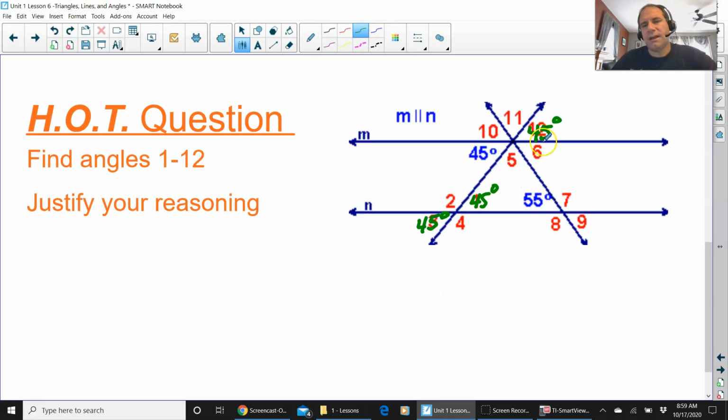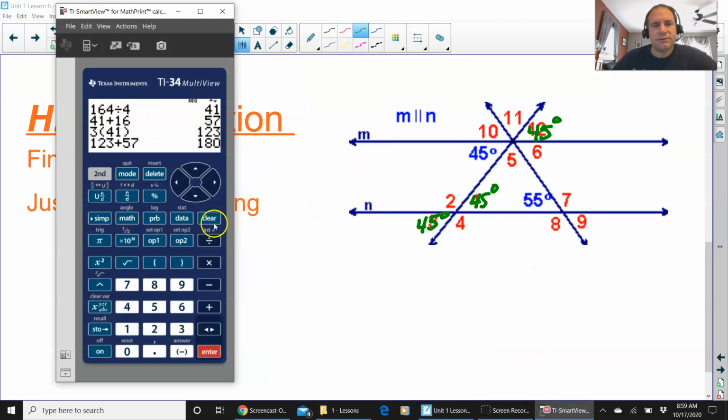Okay, so now I am going to do 50. I could stay over here, or I could come over here. There's a lot that I could do, but I could just take 55. Let's just talk about what this is here. So I'm going to clear this out. So this is 55. This is a straight line, right? There's your 180 degrees. But before that, this is 55.